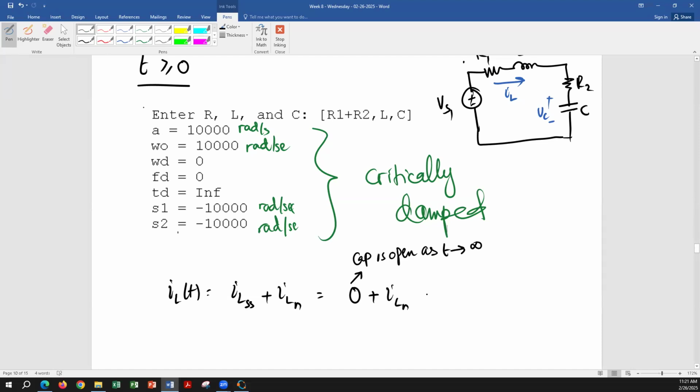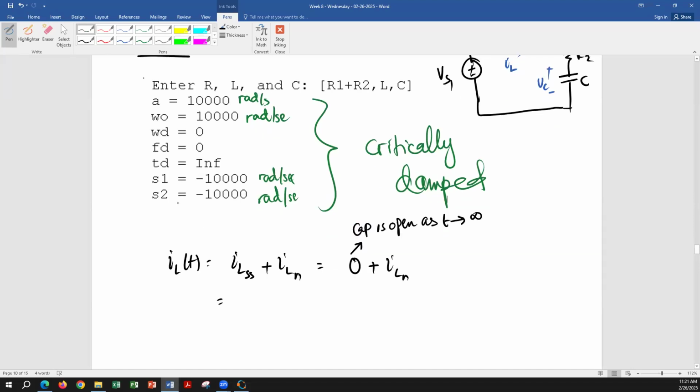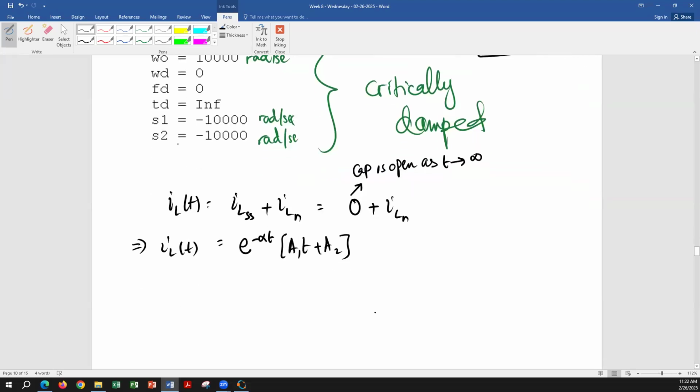Okay, so it comes down to the natural response. Since it is a critically damped circuit, the natural response expression is simply e to the power negative alpha t times (a1 t plus a2), or a1 plus a2 t, whatever, because addition is commutative, it doesn't really matter. Now we have to find a1 and a2. We use the same approach.